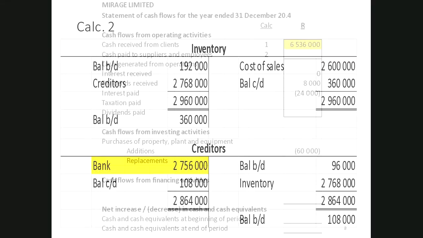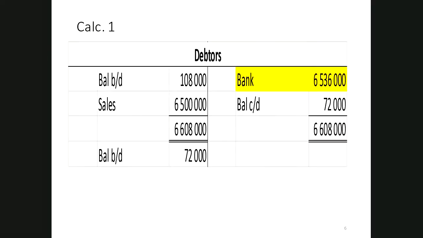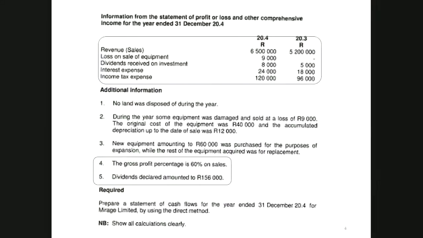So if I just go back here again for a moment, let's go and look at that information. Here's the sales, and here's the gross profit percentage. The gross profit percentage is 60% of sales.